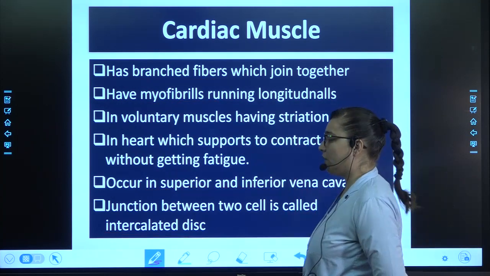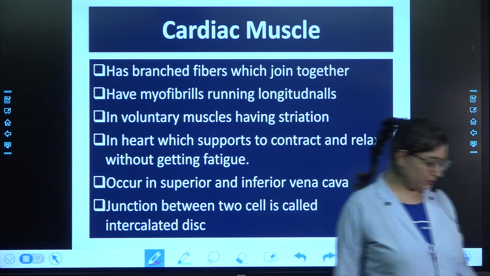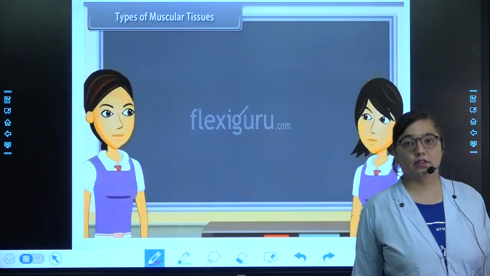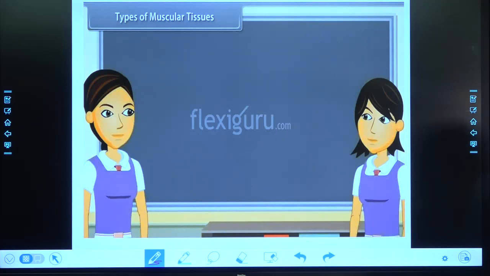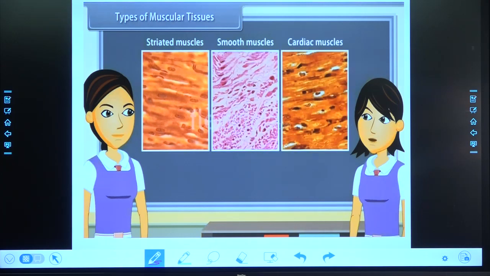Now let's have a look at the video once again. Types of muscular tissues. On the basis of location, structure and function, muscle fibers are of three types: striated muscles, smooth muscles, and cardiac muscles.